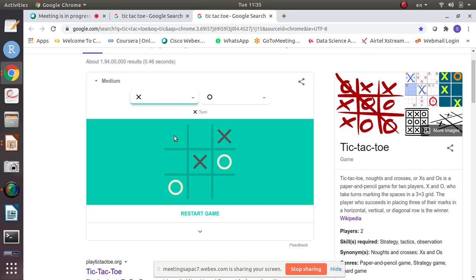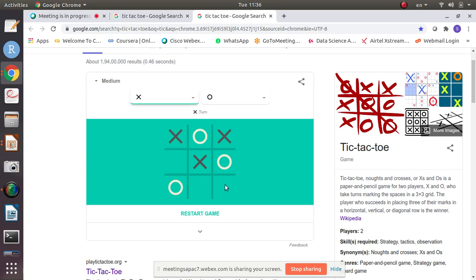So let me intelligently try to select this position. Why this position is because if I select this position, then row number one can be my winning situation in the next round, or this diagonal also can be one of the winning chances. So if I put this here, it can either block this or it can either block this.